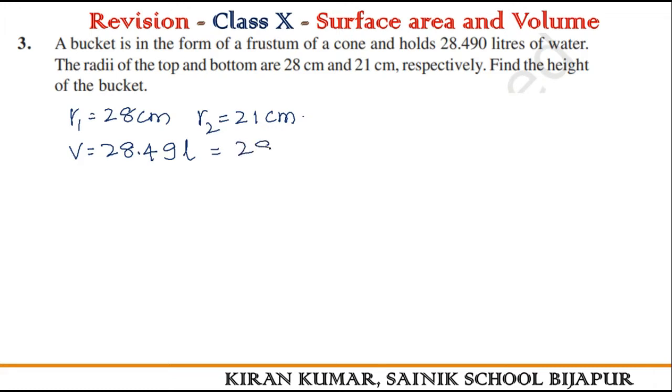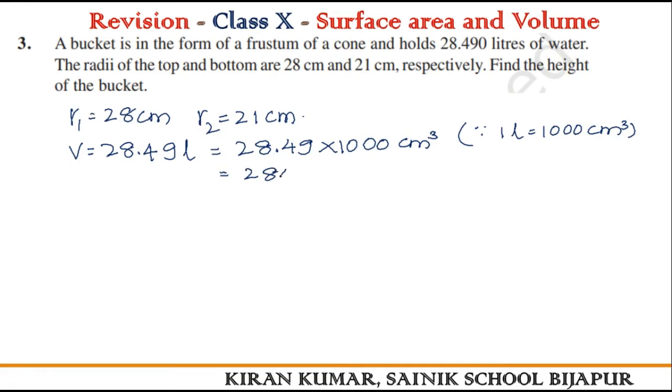So 28.49 to be multiplied with 1000 centimeter cube, because we know that 1 liter is 1000 centimeter cube. So on conversion we get it as 28490 centimeter cube.